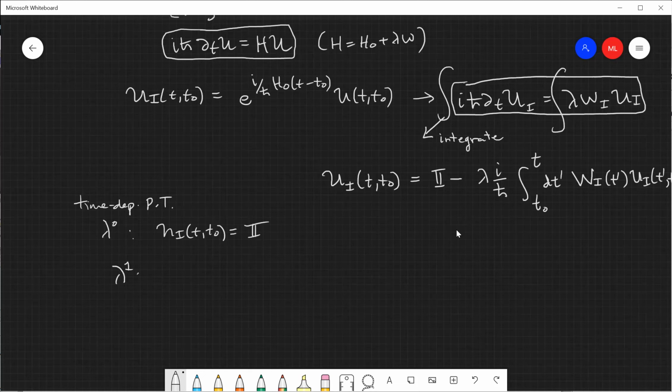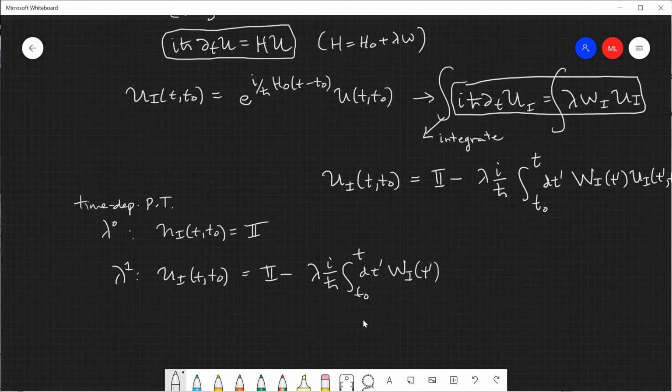To next order, what we do is we just say, well, fine. We're going to have our expression, and this is all stuff we have, but instead of substituting in U_I, we're just going to use the previous order, because we know any higher order corrections will give us something that's order lambda squared.